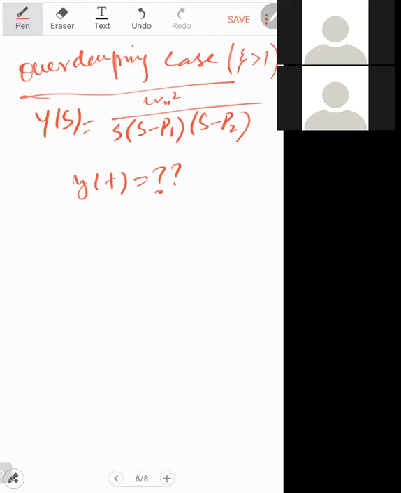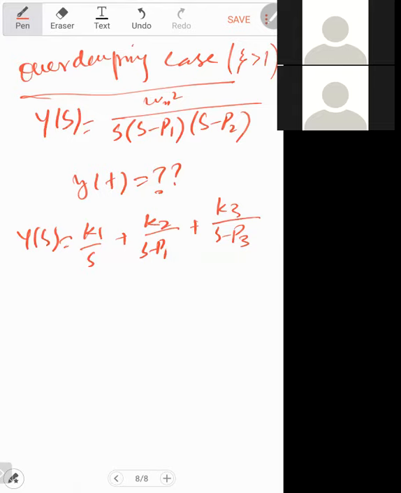So we have to use the partial fraction, and when you use the partial fraction, y of s will be equal to K1 divided by s plus K2 divided by s minus p1 plus K3 divided by s minus p2. So you have to find the values of K1, K2 and K3.